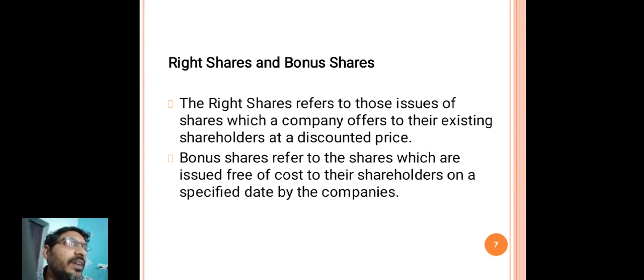The bonus shares are the free shares allotted to the existing shareholders on a specified date, generally 2 years, 3 years, 5 years. On some ceremonies or occasions, the companies will allot bonus shares to the existing shareholders free of cost, without money. This is called bonus share.